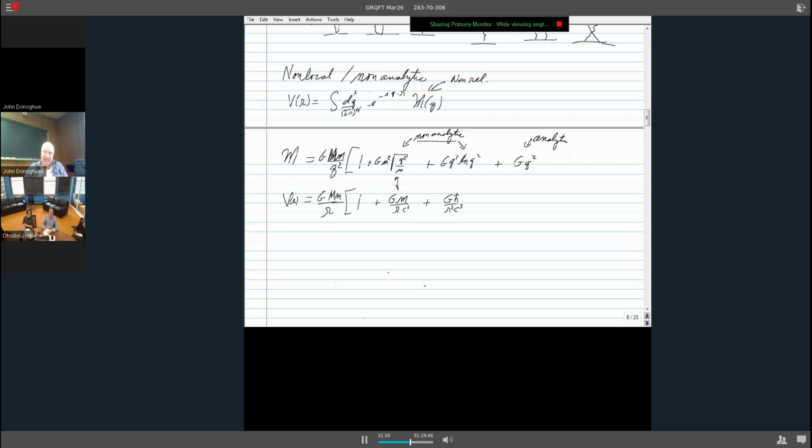It's linear in H bar, it's quantum. G H bar over R squared is dimensionless. This guy, if you look at what a Fourier transform is, it's G Q squared log Q squared. So that guy's non-analytic also.